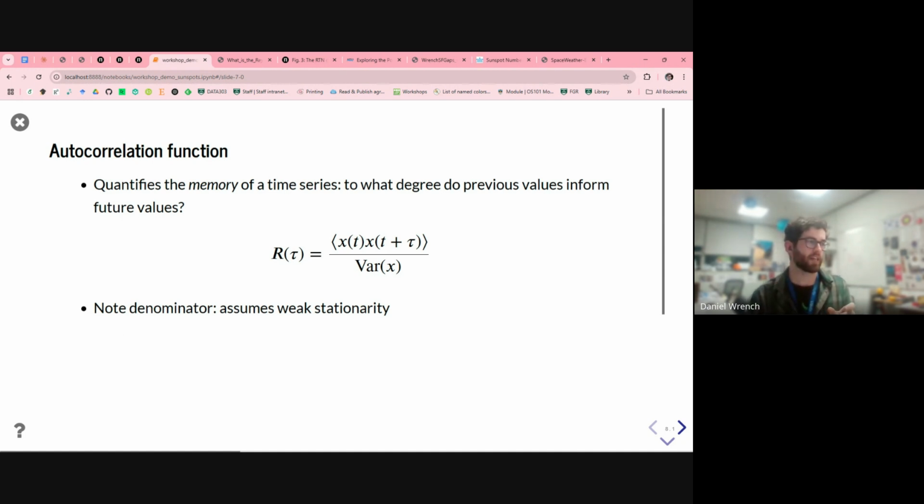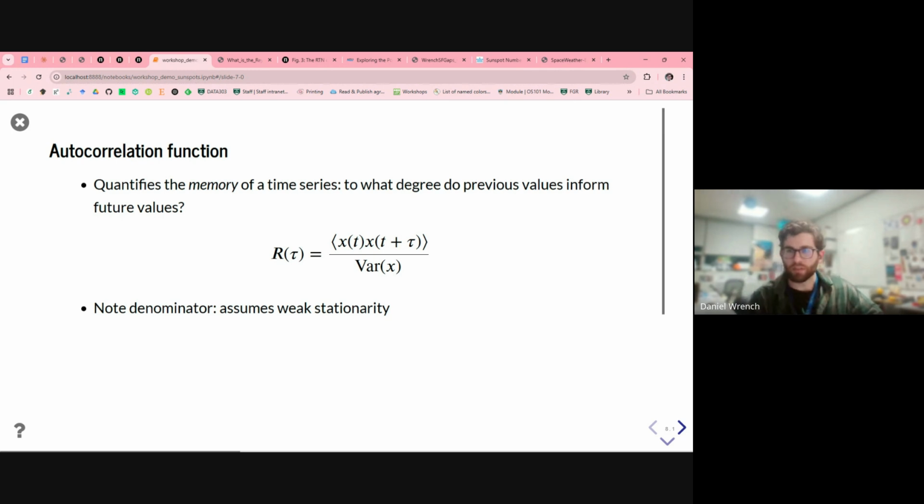So the tau here represents the lag or the separation between two measurements. And so we'd expect that to be high for measurements close to one another. And when we normalize this autocovariance to become autocorrelation, it's forced to start at 1. You obviously always have perfect correlation with a value with itself when you have no separation.